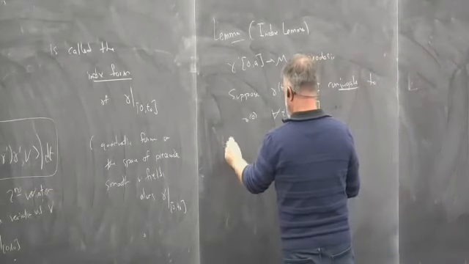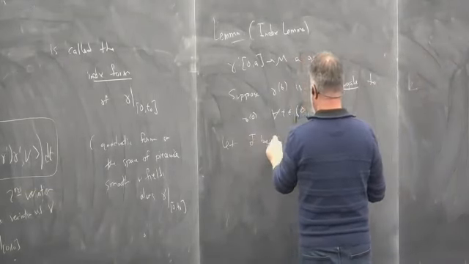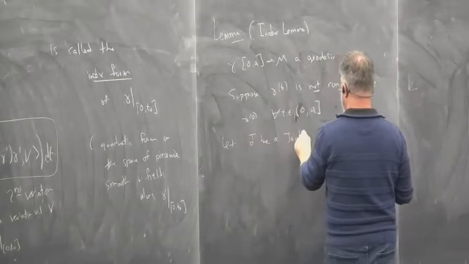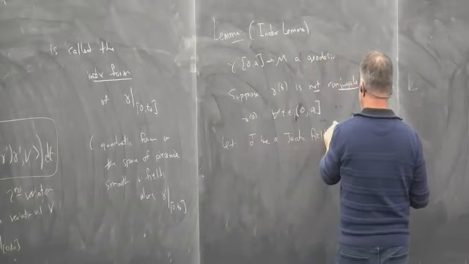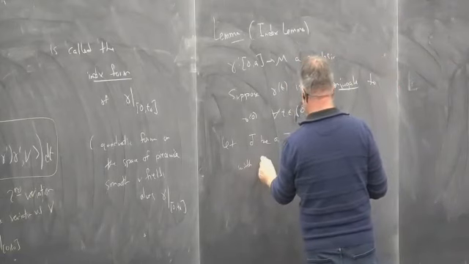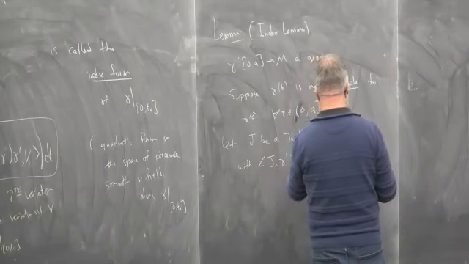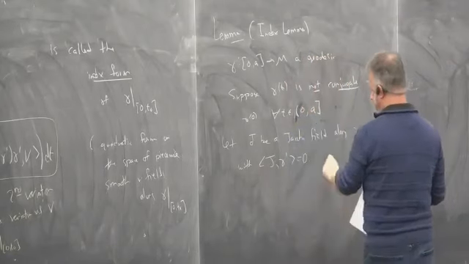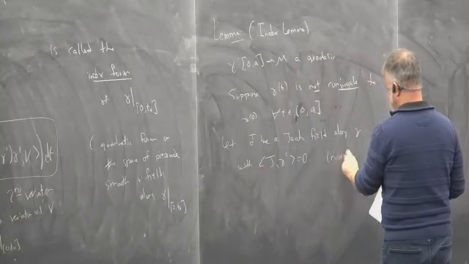Let J be a Jacobi field along gamma with J inner product gamma prime is 0. So this is a normal Jacobi field.